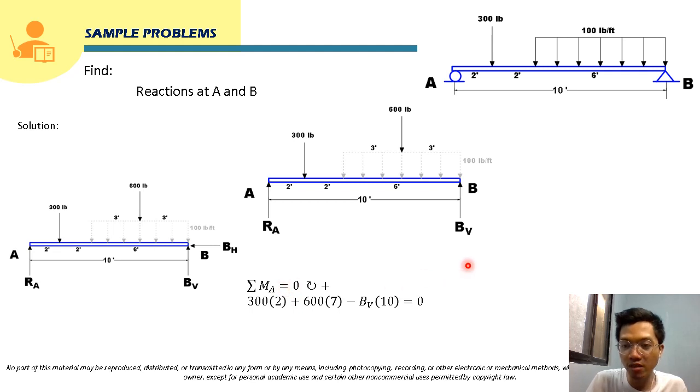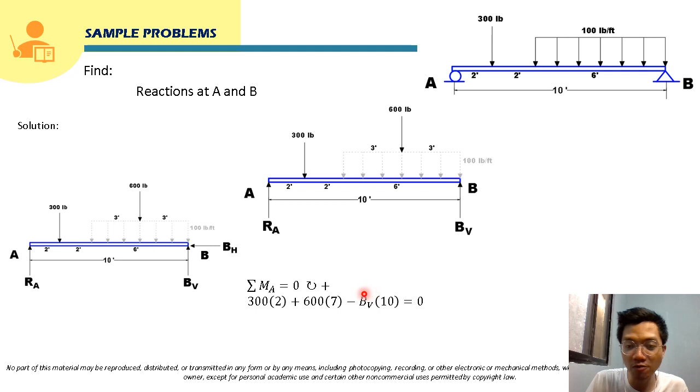Now for the last force, the reaction force at B, which is BV, its moment about point A will be BV times its moment arm, which is 6 plus 2 plus 2. That will be 10, and its rotation about point A will be counterclockwise. That's why it will be negative here. So it will be equal to 0.